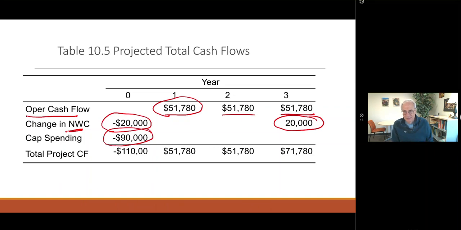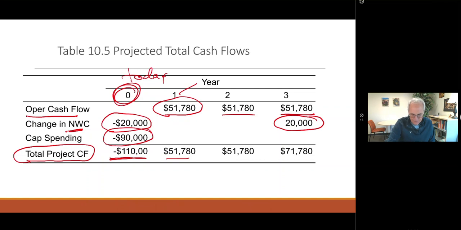So that's an outflow there. The total project cash flows would be that we're spending 110,000, and notice the zero up here. That means that's like today. And then this is after 1 year from now. After 1 year, we would have brought in cash flows of 51,780. Okay, so those are our total projected cash flows.